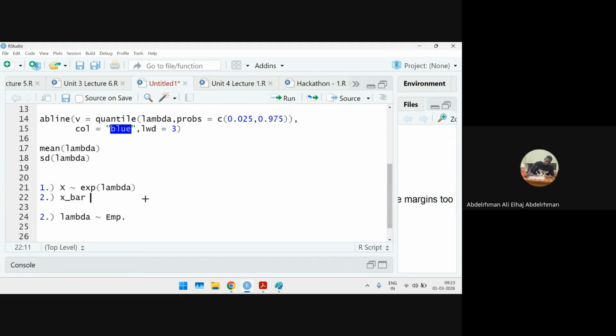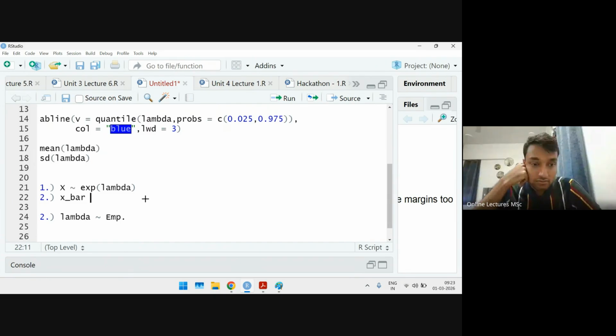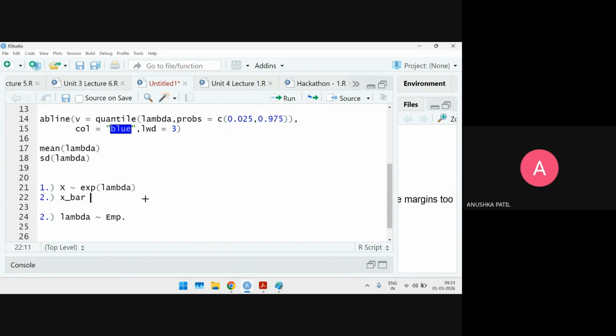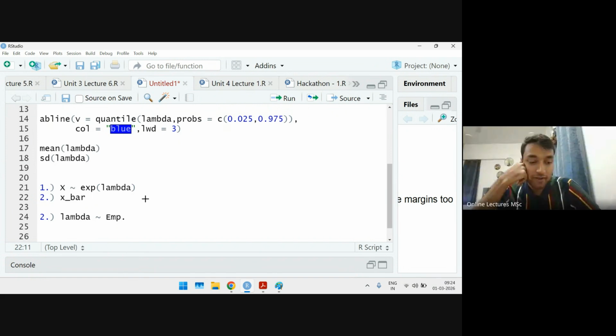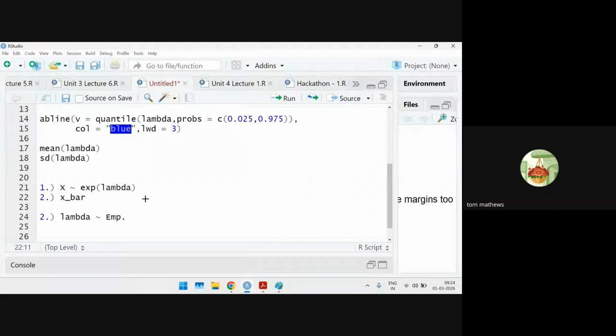No, it is Poisson. No, it is the summation of the x's, so it follows gamma. If xi is exponential with lambda, then sigma of xi is gamma, I think. Is it so? Okay. Fair. Sigma xi is gamma.